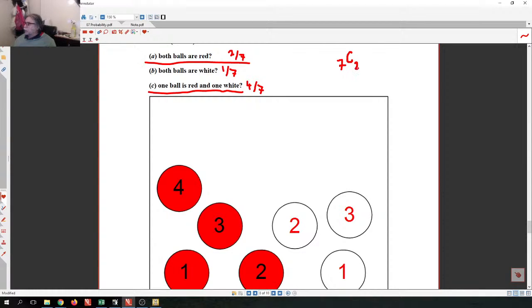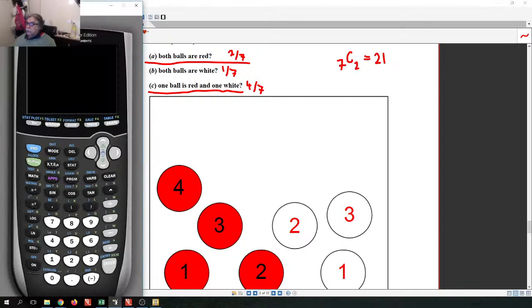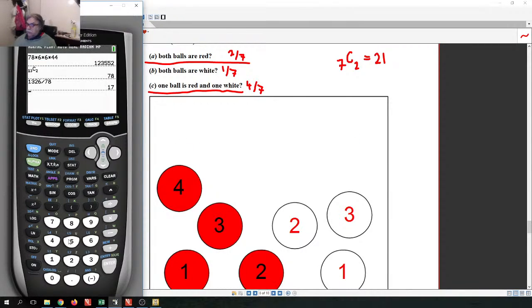And this number is 21. Again, check with your calculator. It's really not that hard to calculate, but your calculator will tell you. So you have 7 choose 2 combinations, and it's 21. Okay.